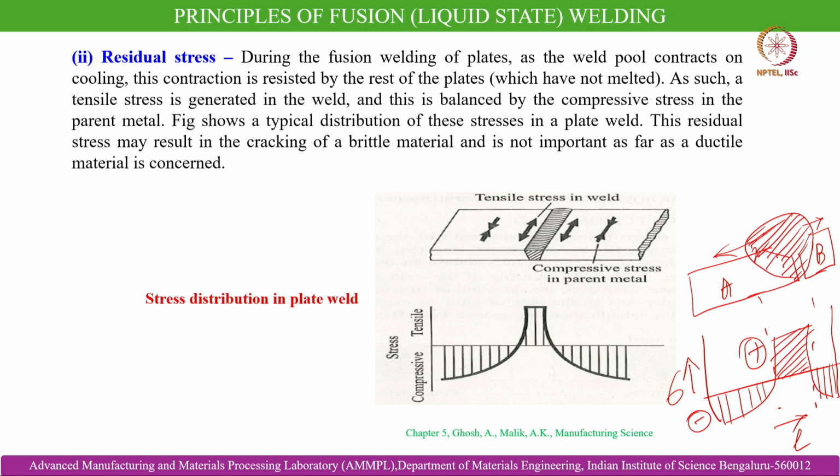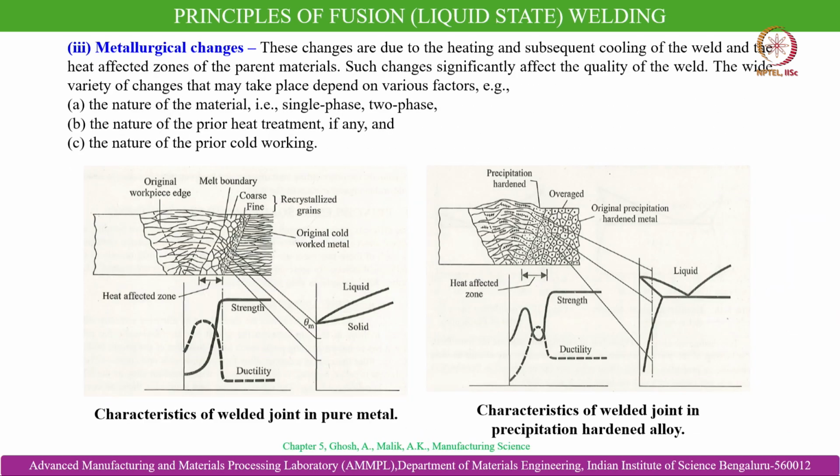Significant distortion may occur post welding because of the residual stress generated in the joint and in the workpiece material. This residual stress may also result in cracking when welding brittle materials, and it is not so important in fusion welding of ductile materials.